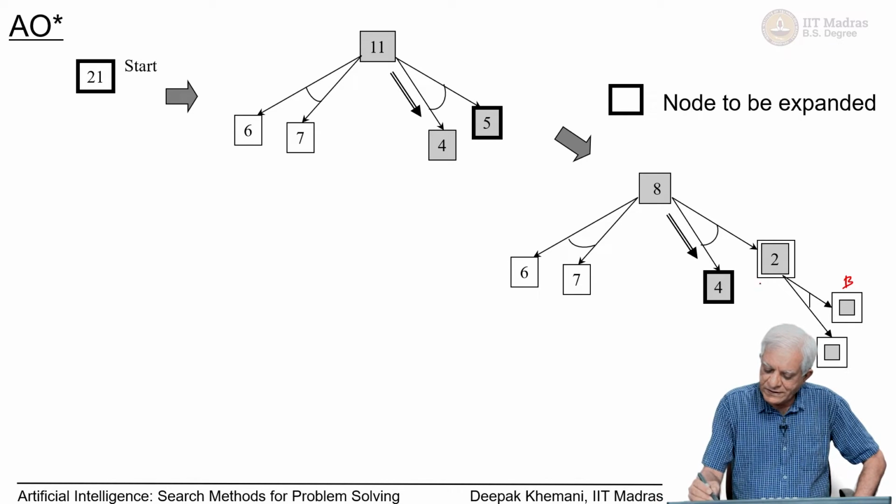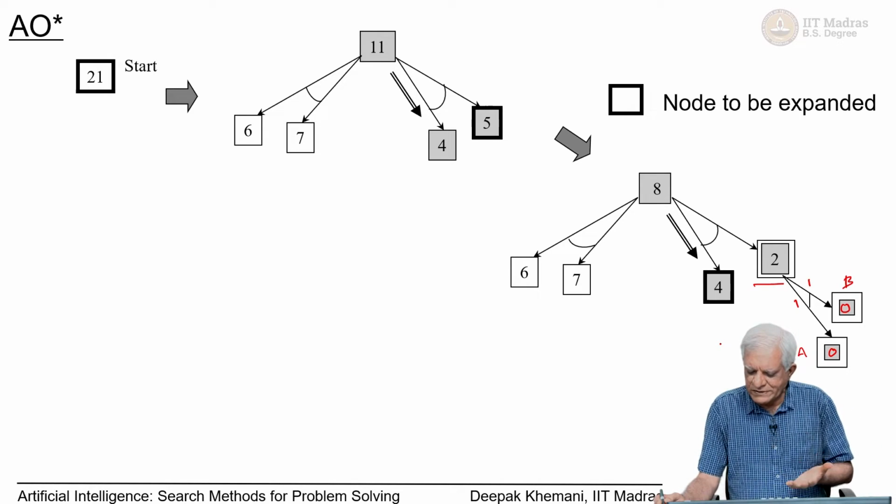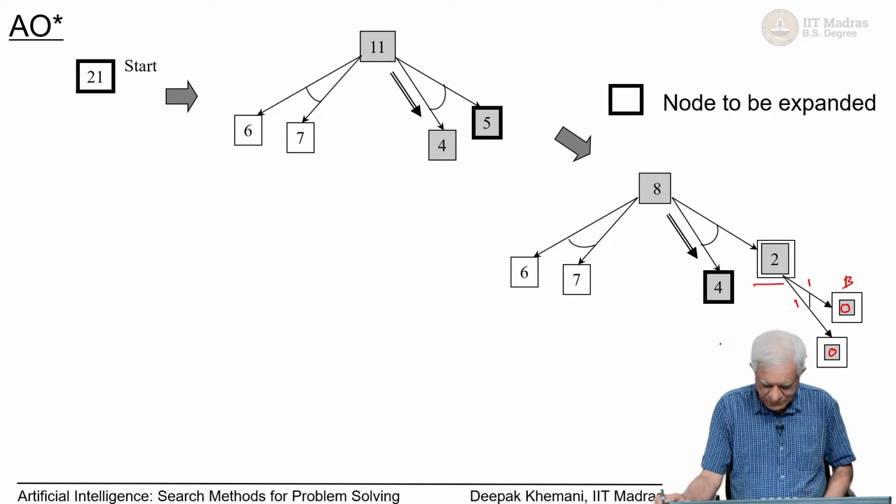So, that is why it has got this solved label which is shown by double rectangles here. But you can also see that its cost has come down from 5 to 2, and why is that? Because the cost of solving the two leaf nodes is 0 and 0 and the edge is 1 and 1. So, the total is 2, and the cost of the root has also come down from 11 to 8 consequently, and this of course stays in the as the best path essentially.